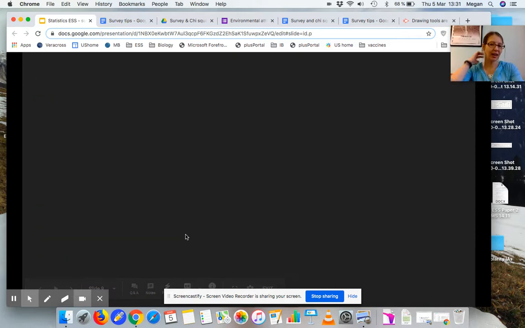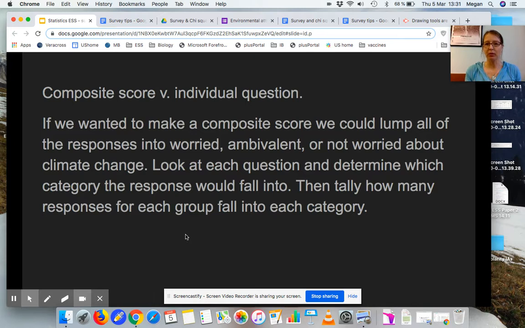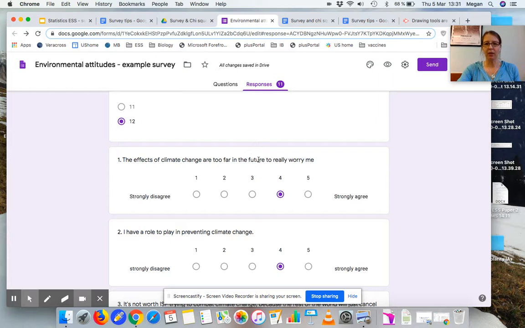You can, again, give a composite score where we lump all the responses as worried, ambivalent, or not worried. So what you would want to do is go through each question and decide how the responses would fall into worried, ambivalent, or not worried. So in this survey, take the statement, the effects of climate change are too far in the future to really worry me. Well, if you strongly agree with that, then you're probably not too worried about climate change.